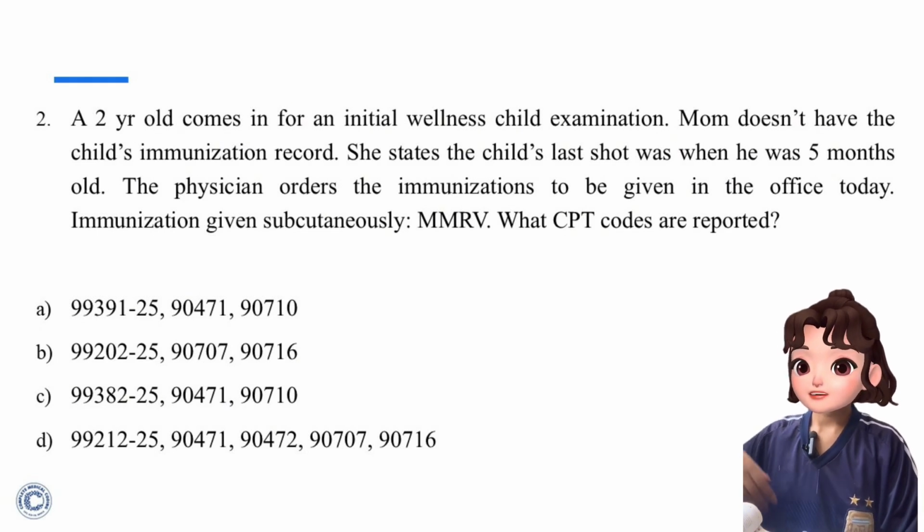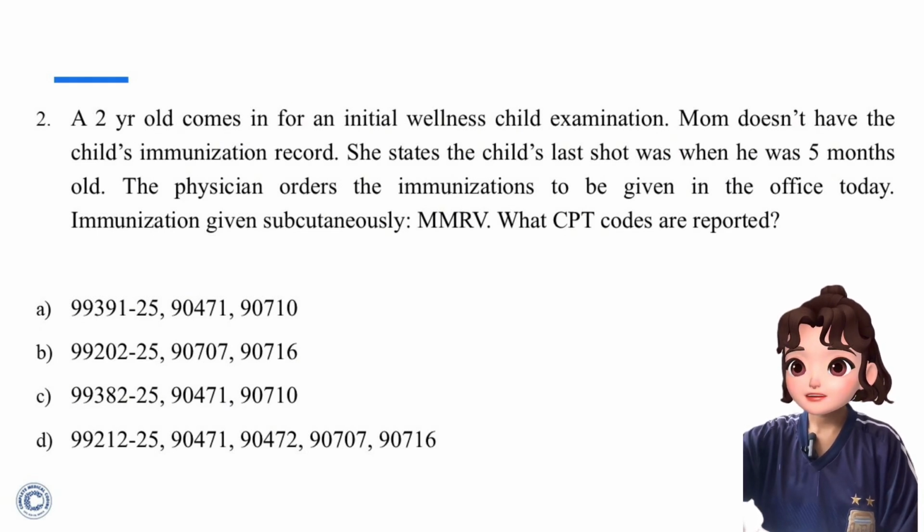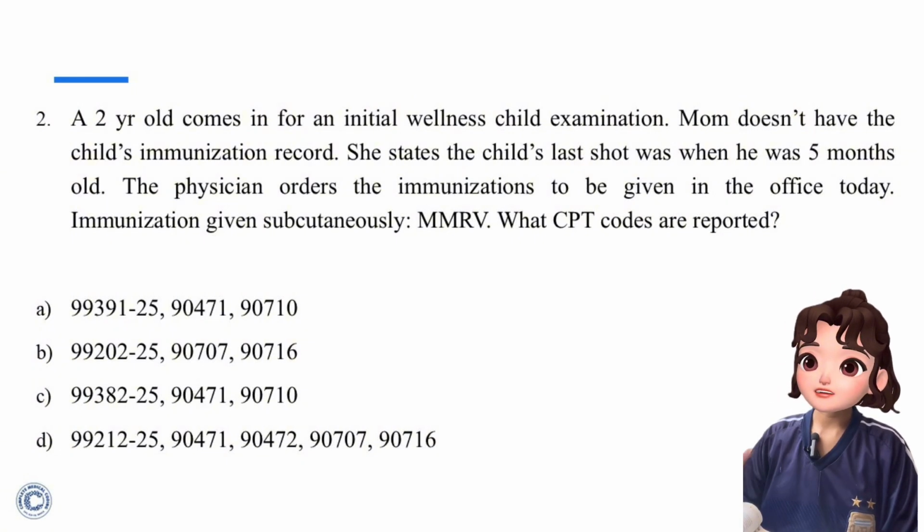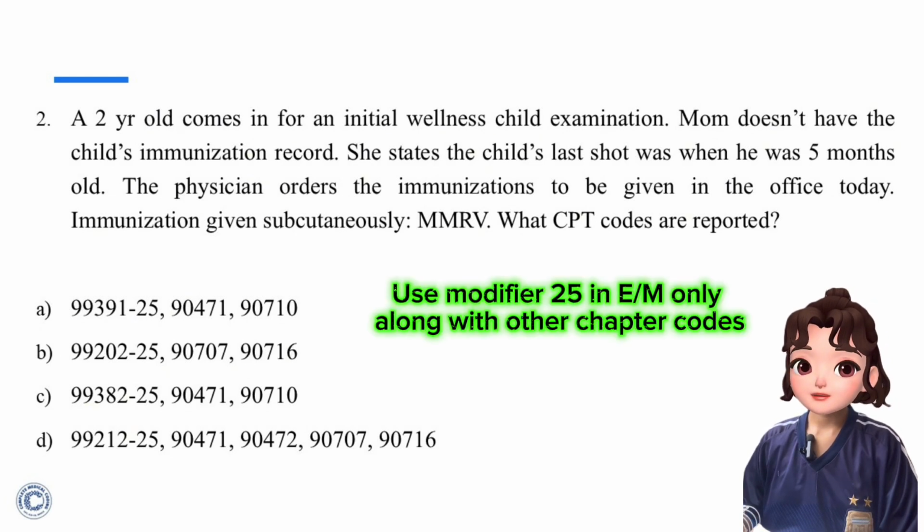Why is modifier 25 used? See, here there is a rule for appending modifier 25. You have to use modifier 25 with E&M codes while coding with other chapter codes.